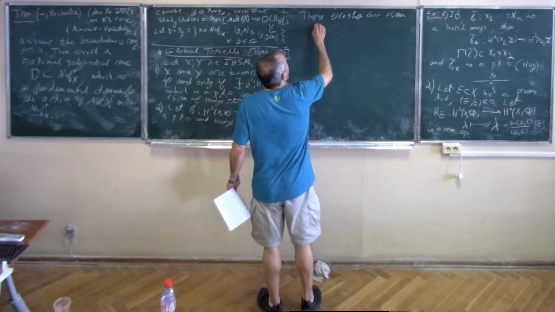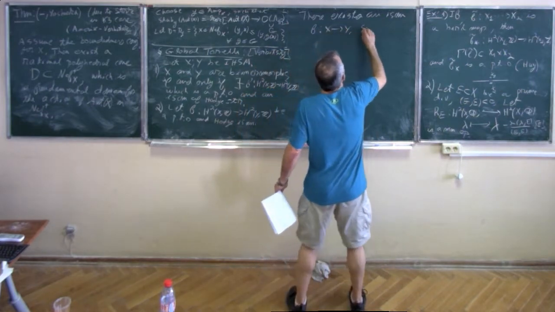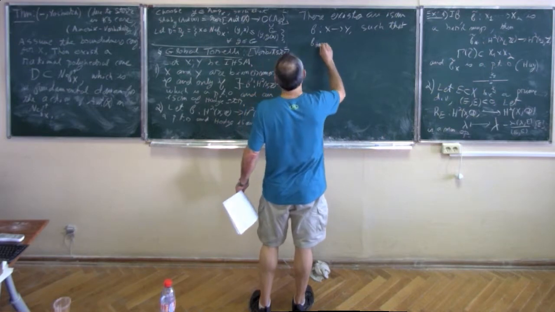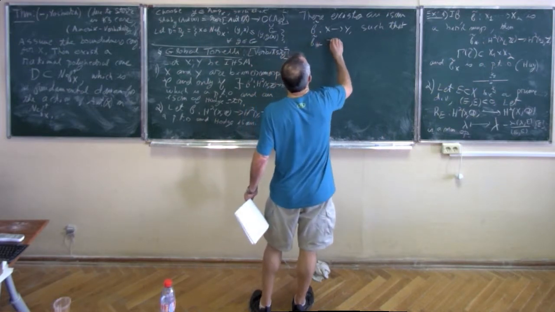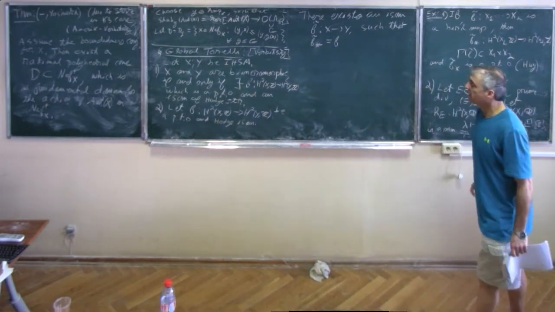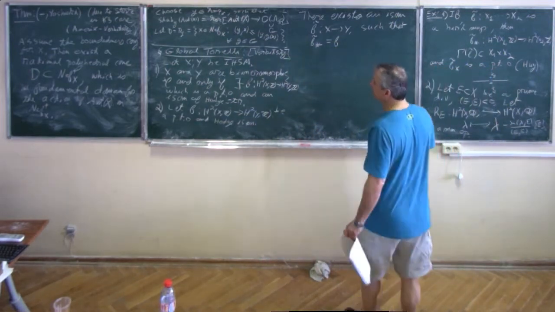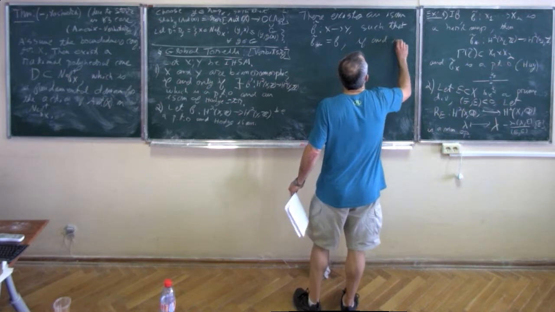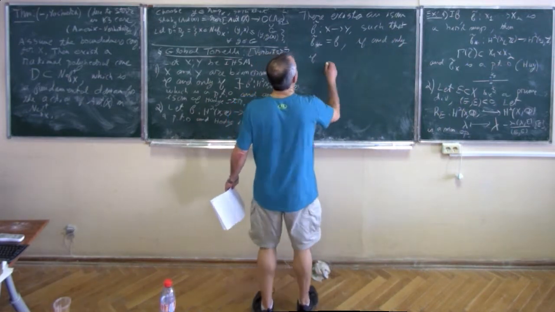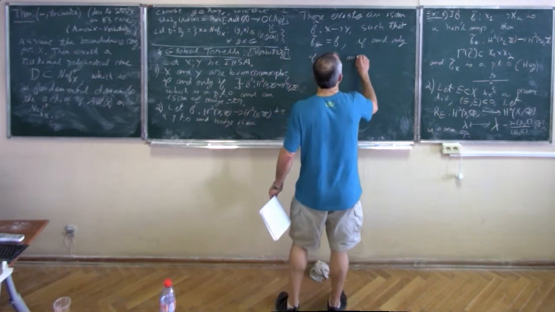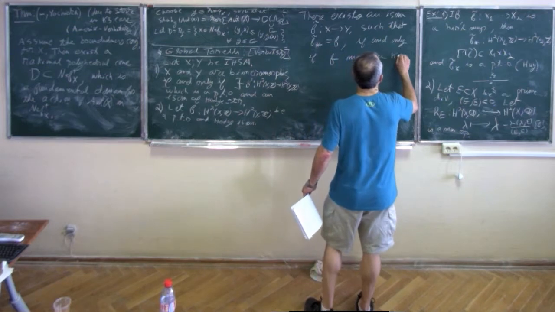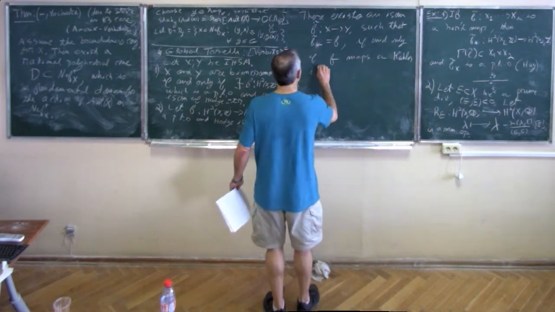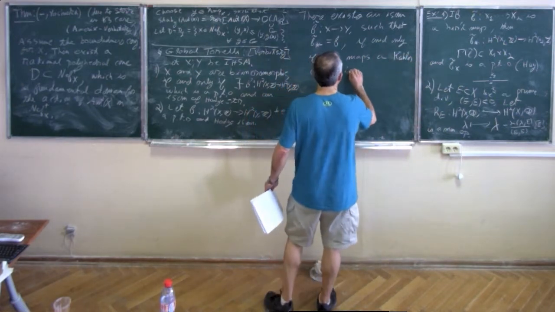f from X to Y such that, actually this should be f tilde, such that f tilde induces the isometry f, this parallel transport operator, if and only if this parallel transport operator maps a Kahler class, some Kahler class, to a Kahler class.